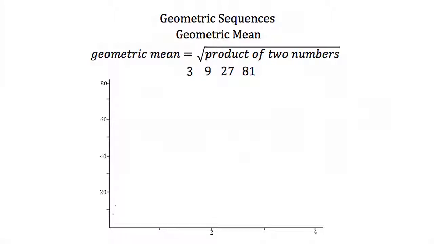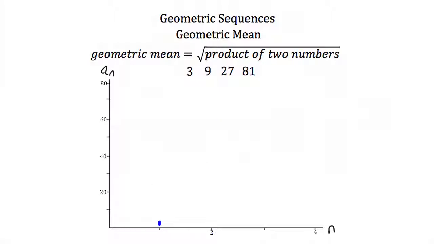If we call the x-axis here the n-axis, or the position of our sequence, and the y-axis the value of our terms, the nth term axis, then we can plot our sequence 3, 9, 27, and 81. Our first term is 3, and that would be roughly about there.